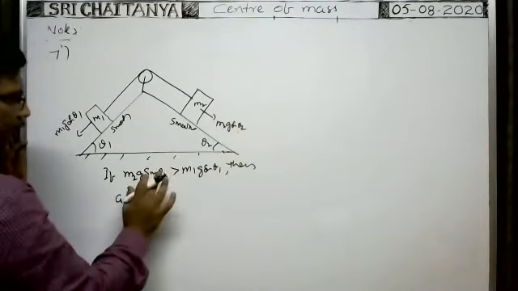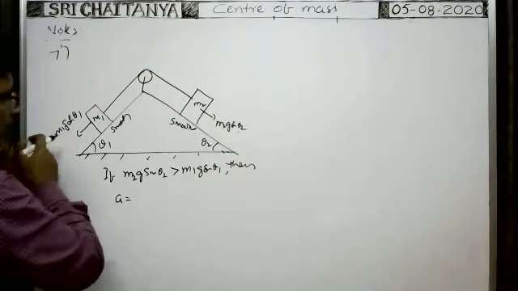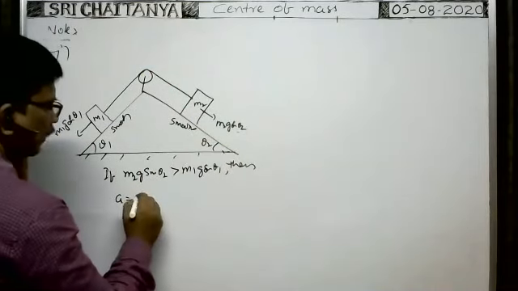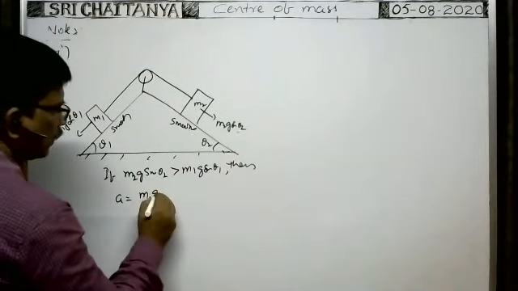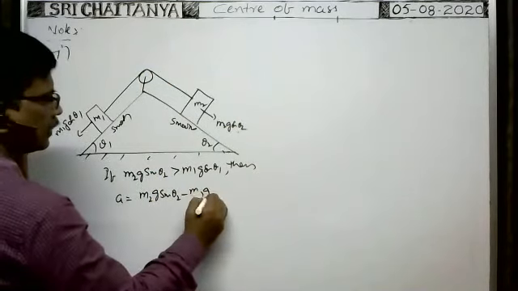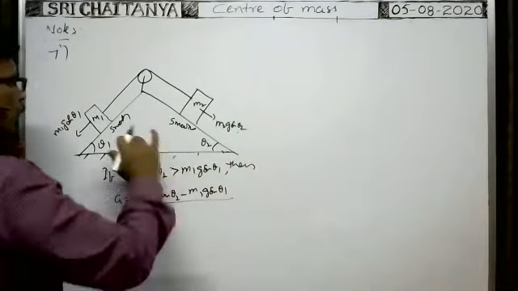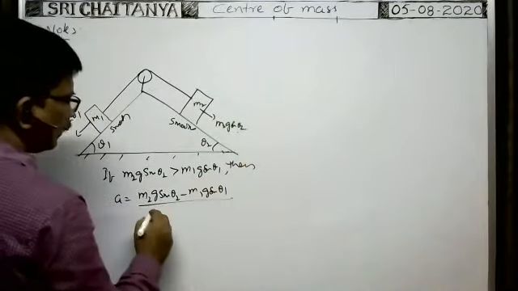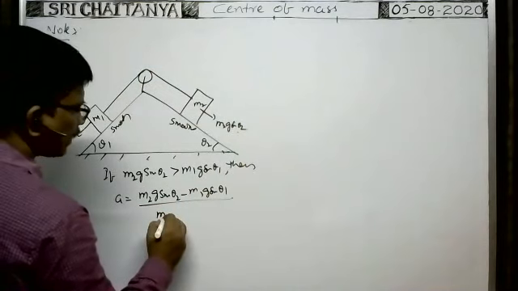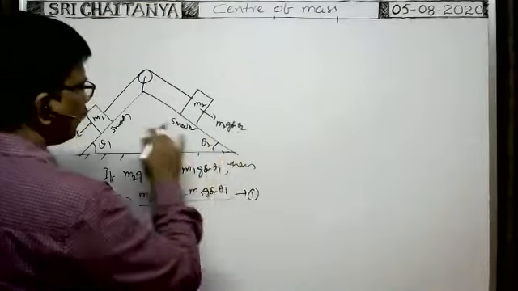Net force is M2 g sin theta 2 minus M1 g sin theta 1, whole divided by the total mass moved, M2 plus M1. This is the acceleration of the two blocks.